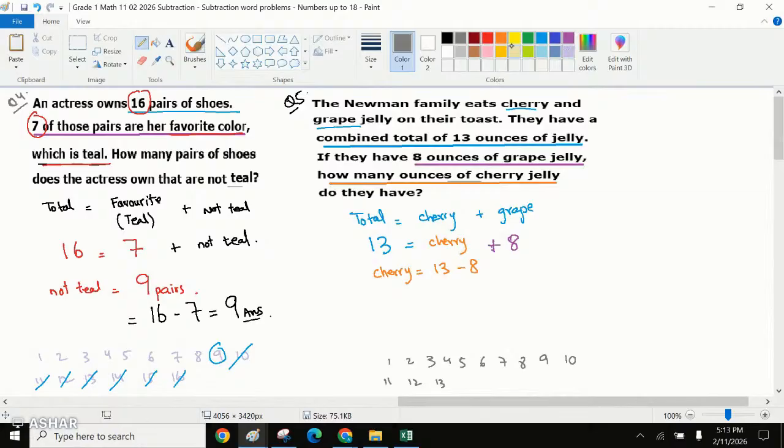And if we have to remove how many? 8: 1, 2, 3, 4, 5, 6, 7, and 8. So we are left with 5. That means the weight of the cherry jelly would be 5 ounces. So what we are trying to do here is simplify a word problem and then find the answer.